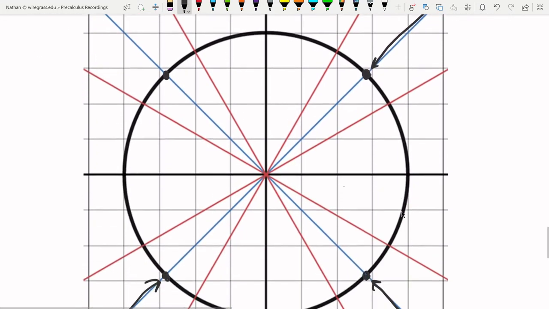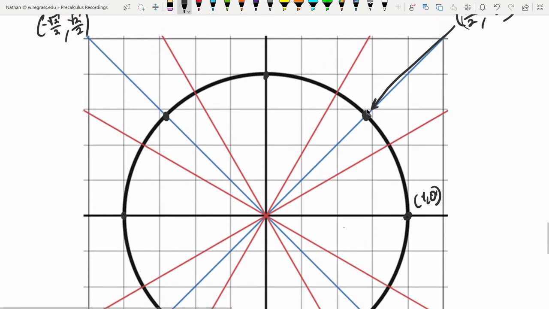Now I will show these ones here on the axes. These are the easiest ones to know. This one, of course, is at 1, 0. Again, this is the unit circle, so it's a length of 1 out. Well, it's only 1 out here. So it has to be 1 for an x coordinate and 0 for the y. This one up here is going to be at 0, 1.